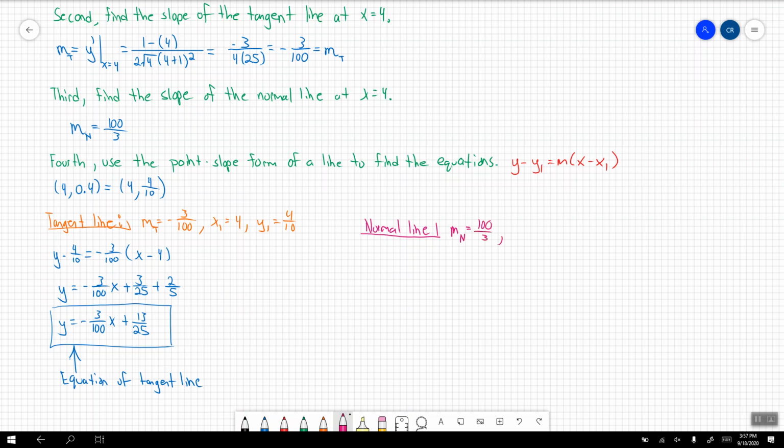Same x and y coordinates that we were given before, so x sub 1 is going to be 4, y sub 1 is going to be 4 over 10. Making these substitutions into my point slope form, I get y minus y1 is equal to m times x minus x1. Distribute everything.